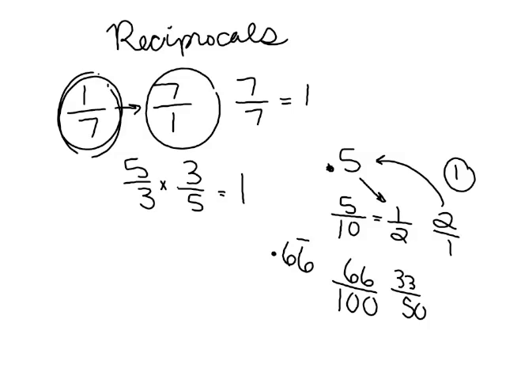Then if I use my calculator, this will take me back to 0.666 on forever. So then what would the reciprocal be for 50 over 33? So grab your calculator. 50 over 33 times 0.666666, and it should get you back very close to 1.